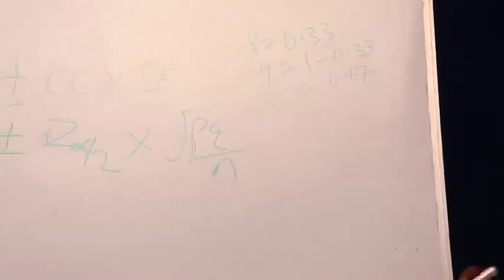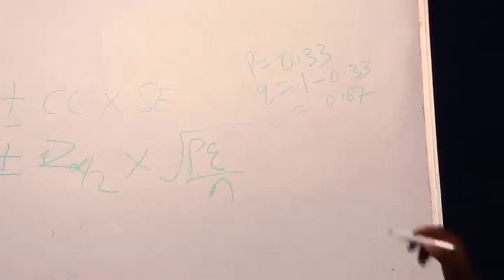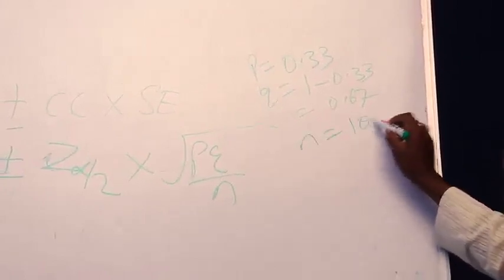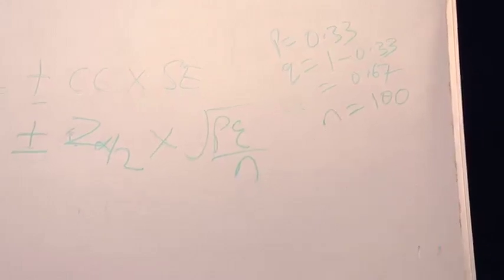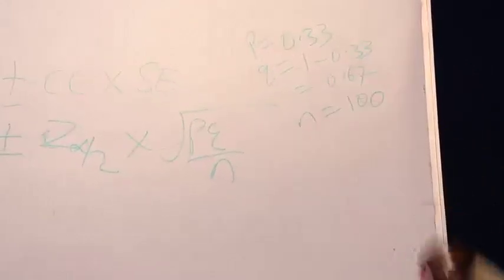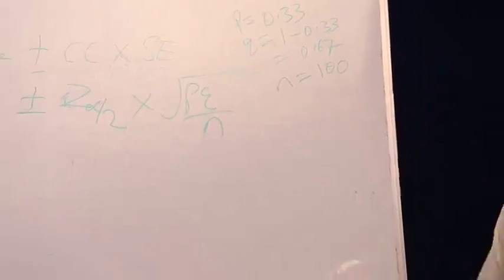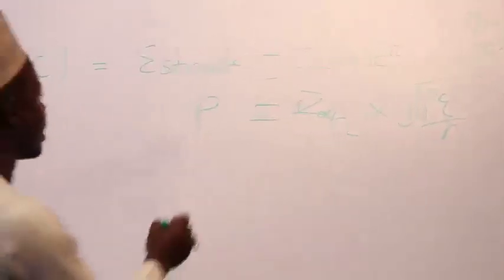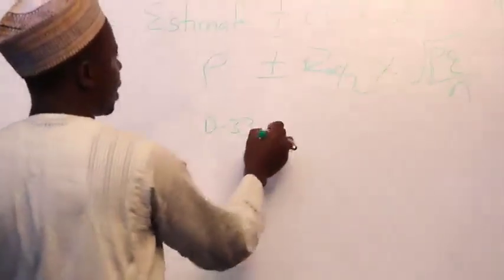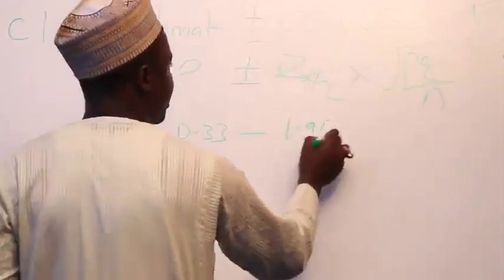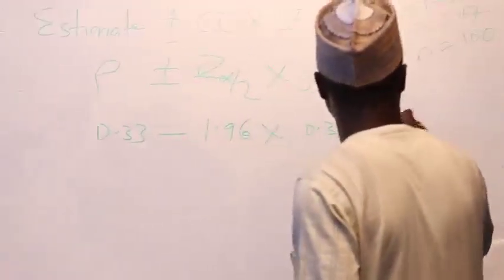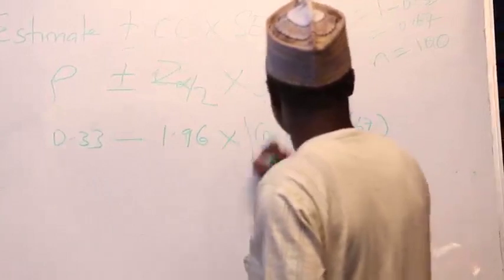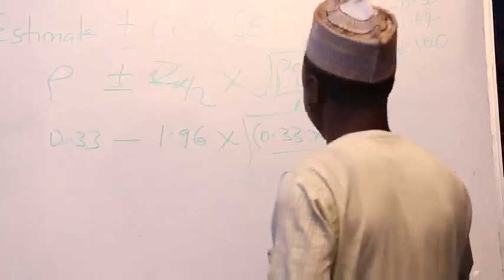And if our n remains 100, for instance, let's see. If we want to calculate the 95% confidence interval of the proportion of children that are anemic in that community, what will it be? We'll start with the minus, because it is plus or minus, as I have said. So it will be 0.33 minus 1.96 times root of 0.33 times 0.67 all over 100.